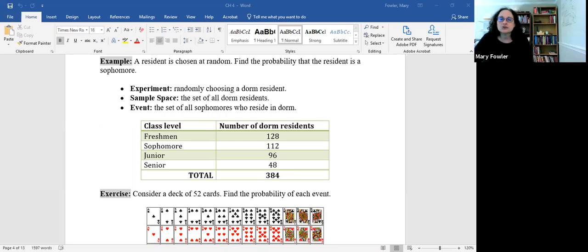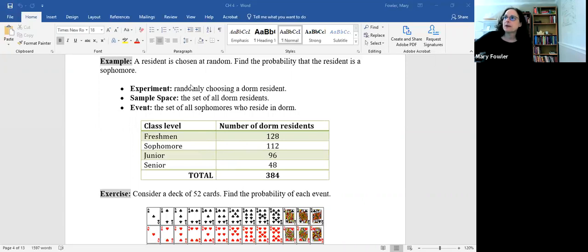So a resident is chosen at random from a dorm, and we have the sample space of the dorm laid out here. We have this table, it's really a frequency table, that explains that we have 128 freshmen, 112 sophomores, 96 juniors, and 48 seniors. Okay, and that's in a dorm.